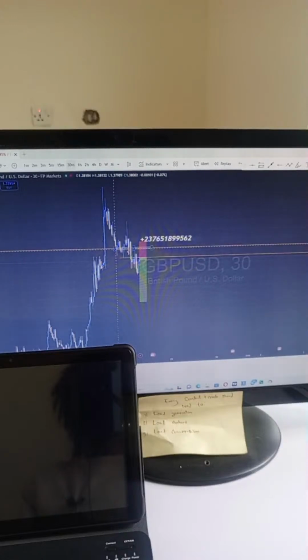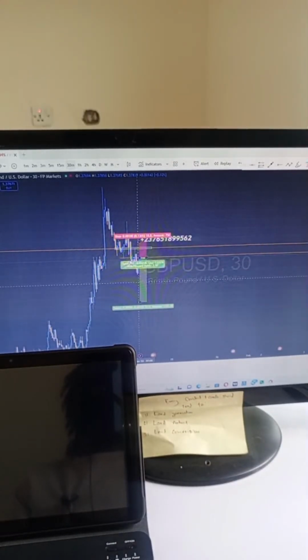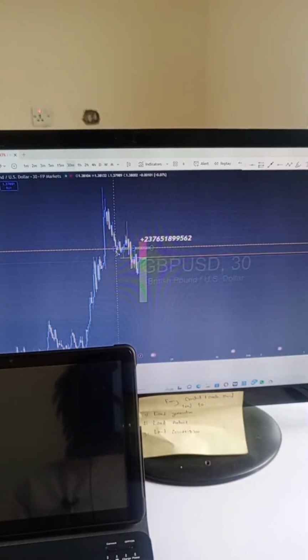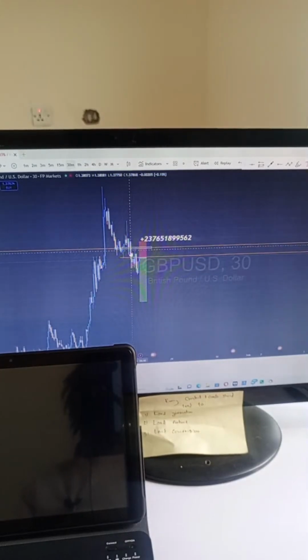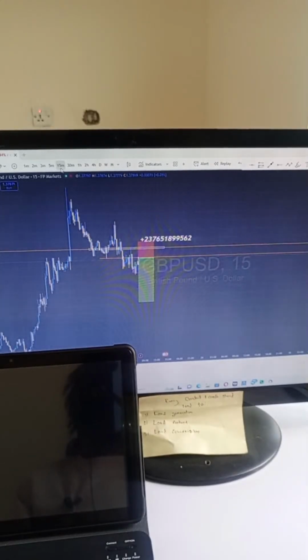When price decided to close below this key level, because I consider round figures very important levels, and gives me a pullback into that key level, now this is our second entry.